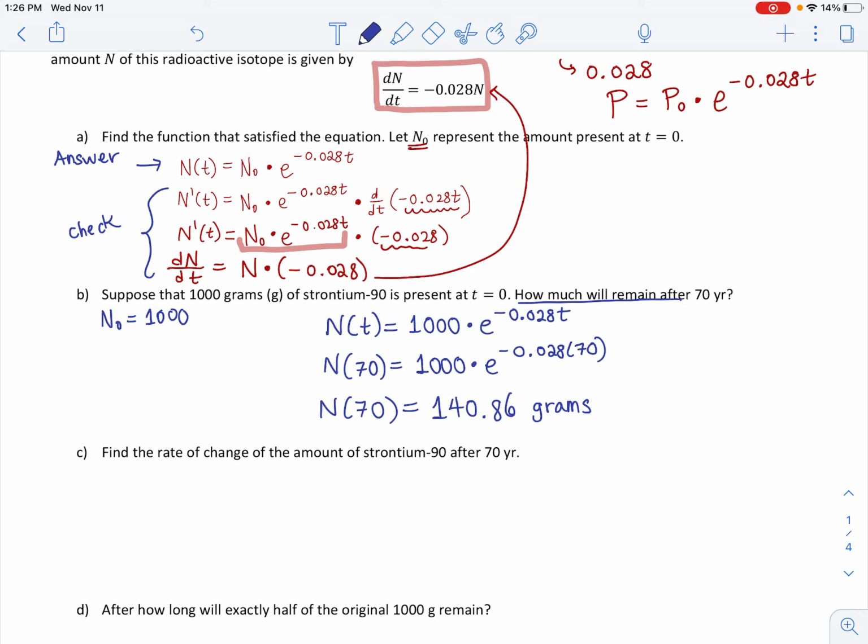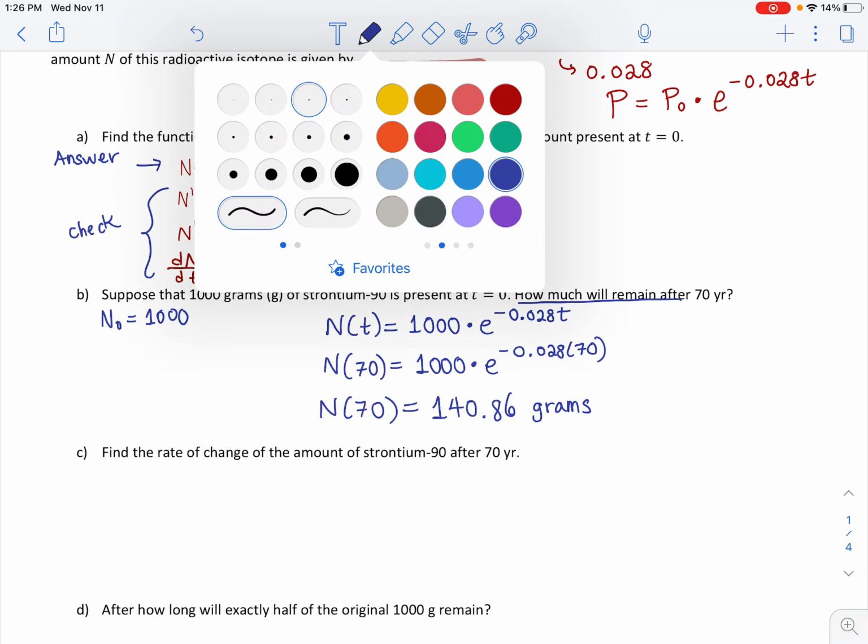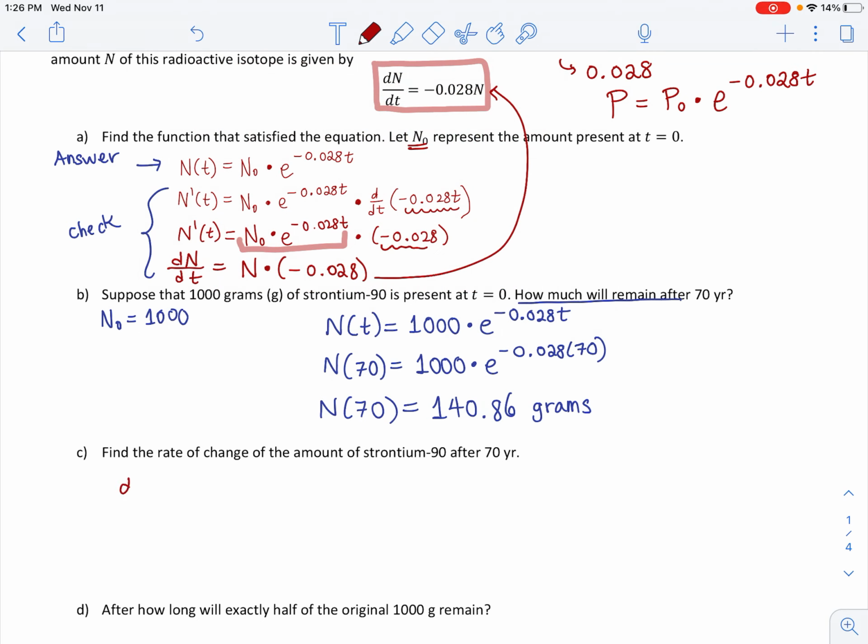They said find the rate of change of the amount of strontium 90 after 70 years. Okay, so there are two ways to do this. You can find the derivative function, which we did, and then plug in 70, or we could use this given red equation. What they gave us was dn/dt is equal to negative 0.028 times n. What does that mean?